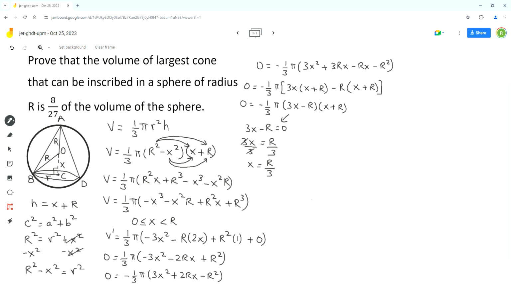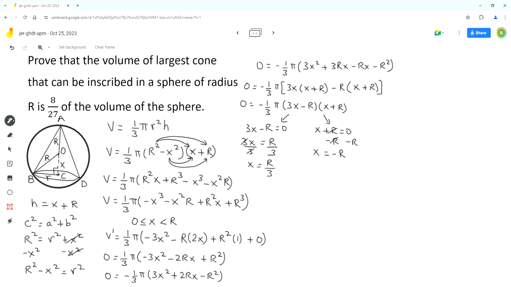I get x equals r over 3 as the first solution. X equals negative r is the second solution.